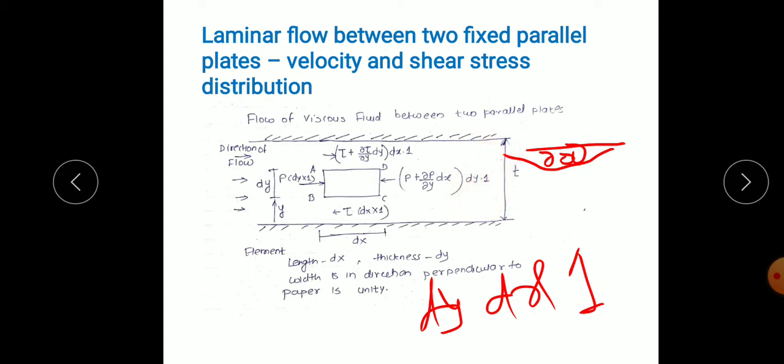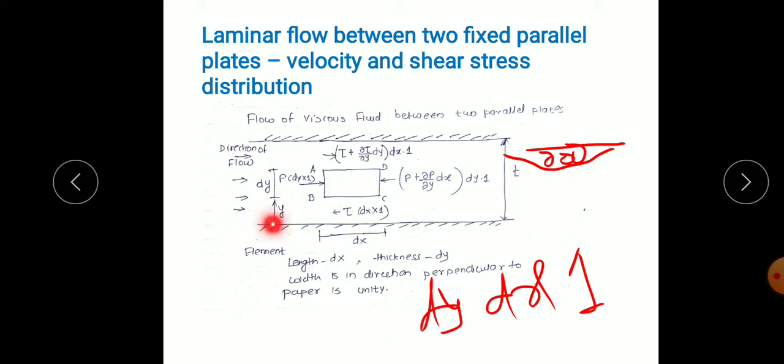So the pressure force in the direction of flow is P dy into 1, and opposing it on face CD is P plus the variation of P, ∂P/∂x through distance dx, times area dy into 1.